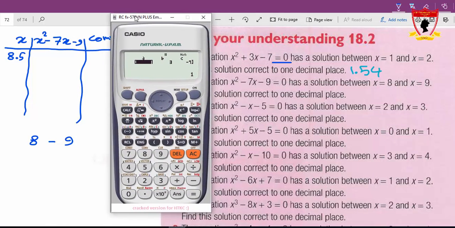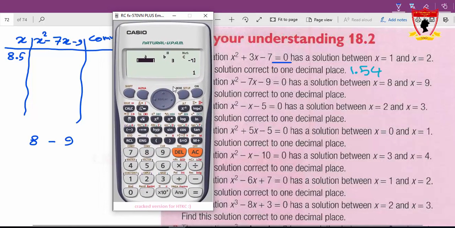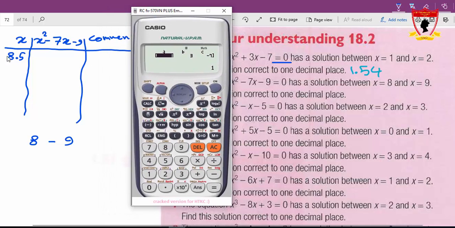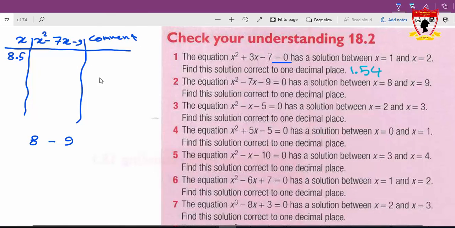We can straight away solve the equation, see the answer, then do some steps to show whoever marks the question that you did some steps following the trial and improvement method. Because when the question is about trial and improvement, the question doesn't focus on the final answer, it focuses on the steps, how you approach the answer.